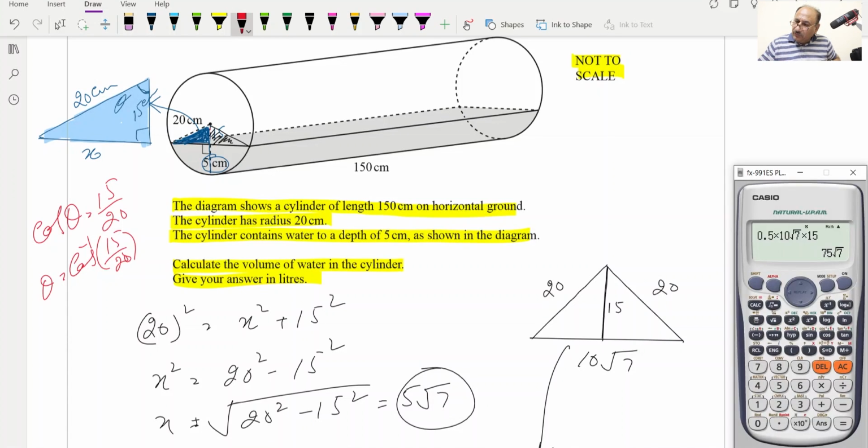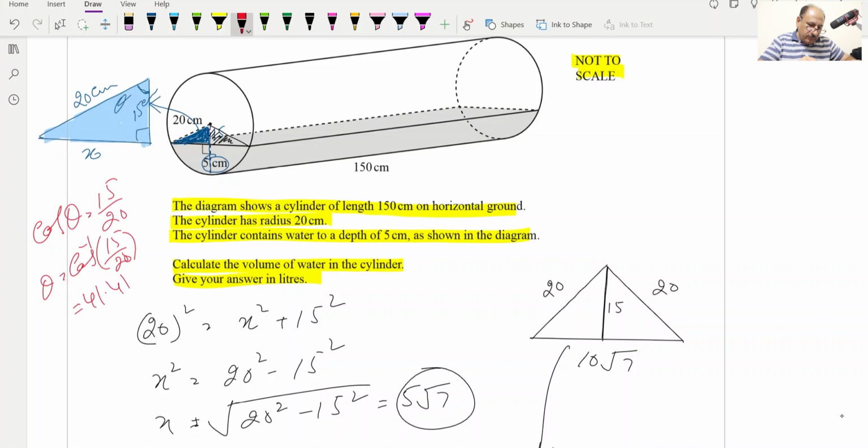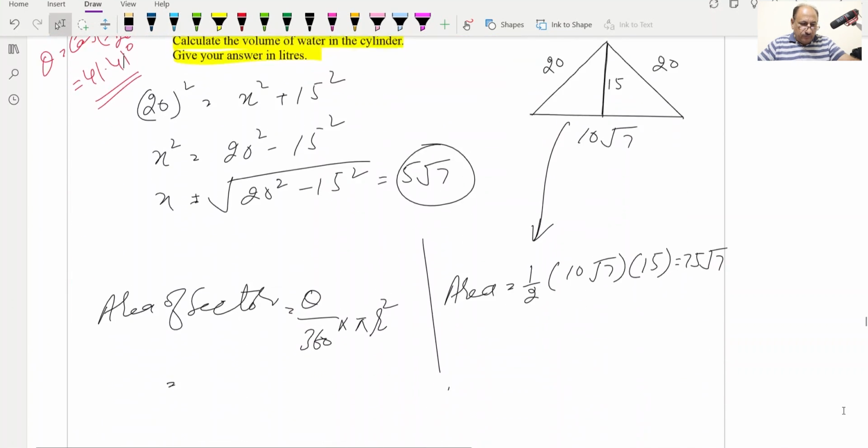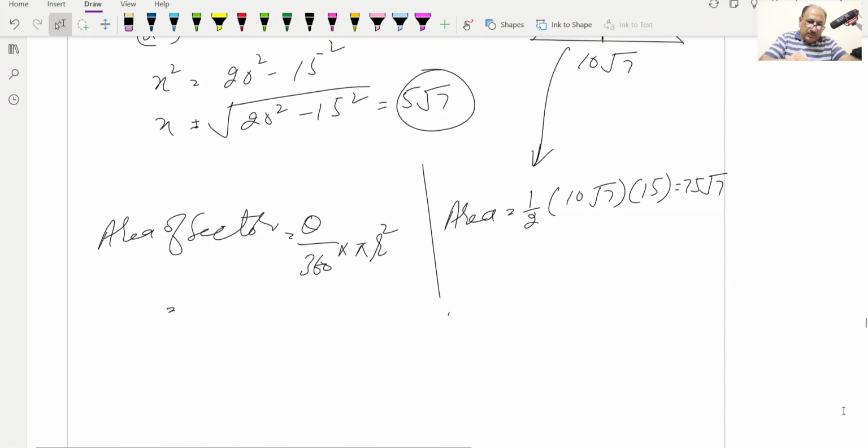Use shift cos 15 over 20, and your calculator should be in degree mode. It is 41.409, or we can write 41.41. This will be the theta value which we will be utilizing.